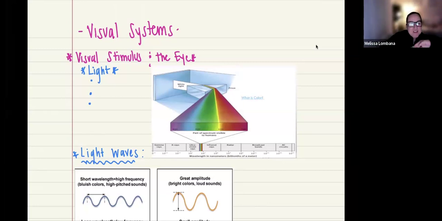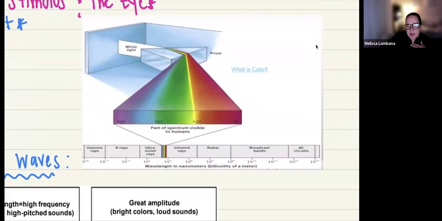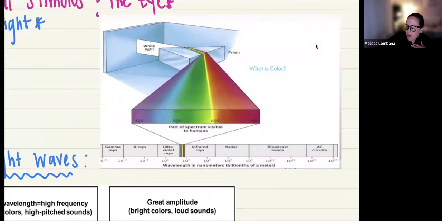I just want to show you the different waves and rays that are in our environment right now. These go all the way from gamma to the AC circuits, and the only waves we could technically see are right there. That is what we are able to process.